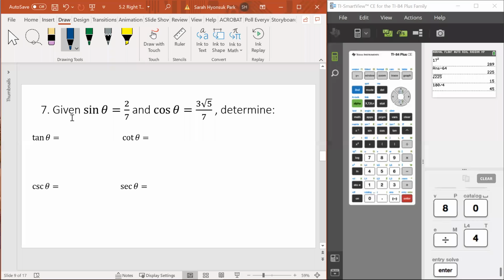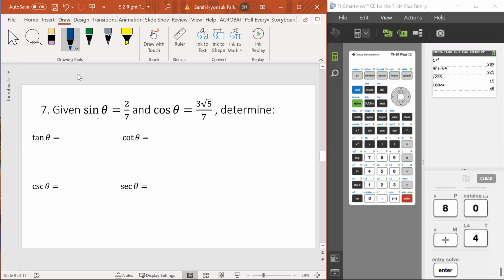Okay. So tangent theta, there's a couple ways to do this. One way is to draw a triangle, and the other one is using the identities itself. I'm going to do the identities first, and I'll show you how to do it that way.